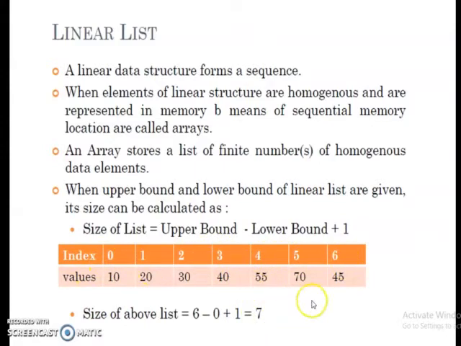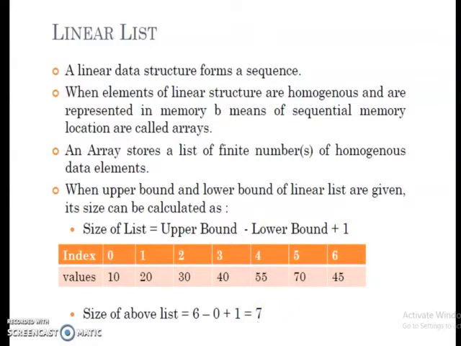To find the size of the list, the upper bound is 6 and the lower bound is 0. So the size is upper bound minus lower bound, that is 6 minus 0 plus 1, which gives the size of the list.